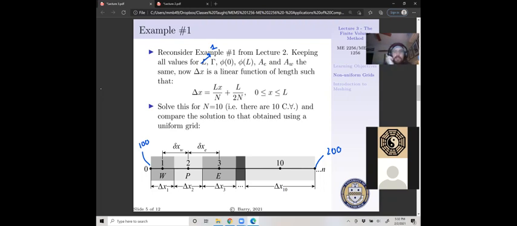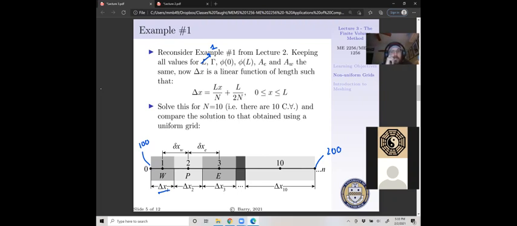So we can see in this particular situation, as we progress along the length of our domain, our dx is going to change. Delta x1 is going to have a value of L per 2n. So we have 1 divided by 2 times 10, which is 1/20. And then you can see as we progress what values we're going to achieve.